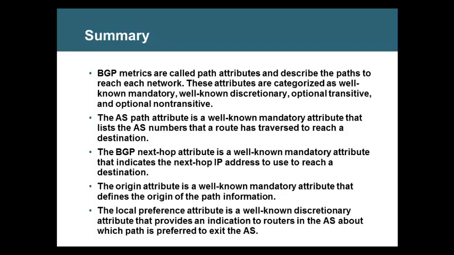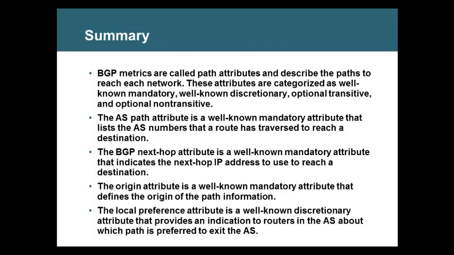The BGP next hop attribute is also a well-known mandatory attribute that includes the next hop IP address to use to reach the destination. The origin attribute is also well-known mandatory and defines the origin of the path information. Local preference is another attribute that we learned, which is global to the autonomous system.